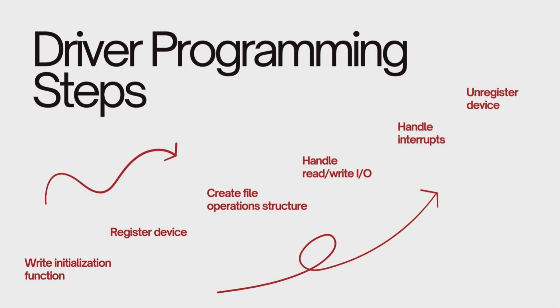The driver programmer then defines the file operations structure, which implements the specific functions such as read, write, and control operations that applications will request. The driver then takes responsibility for handling all input-output operations and expertly manages hardware interrupts to respond quickly to the device's needs. Finally, the device must be properly unregistered during cleanup.